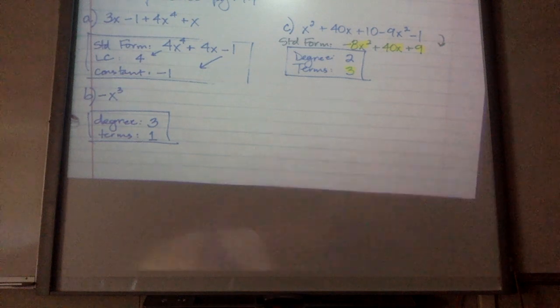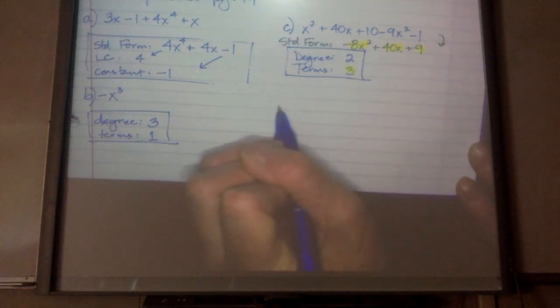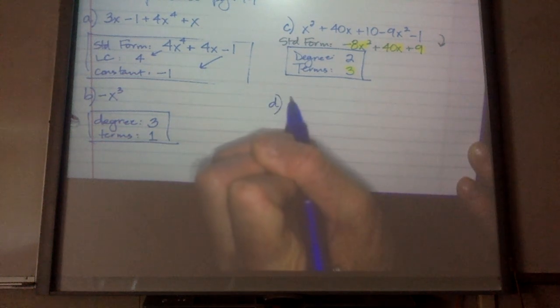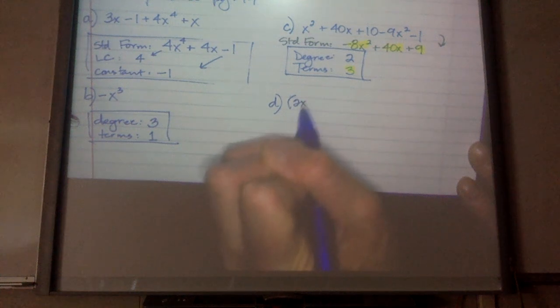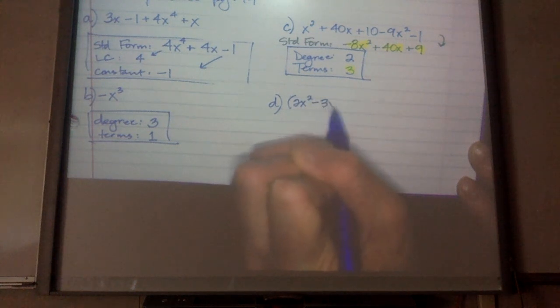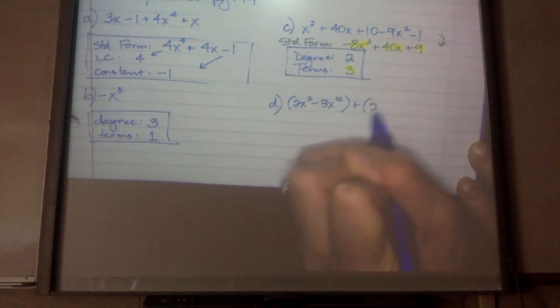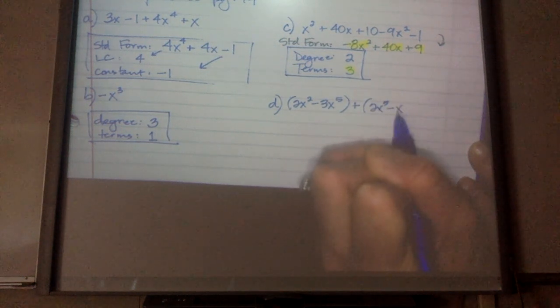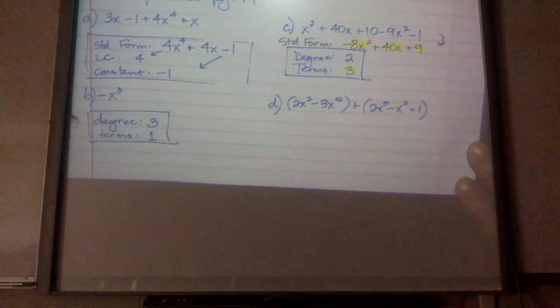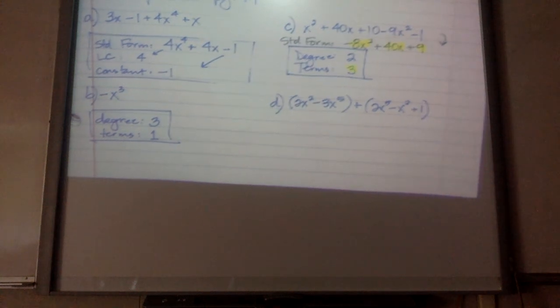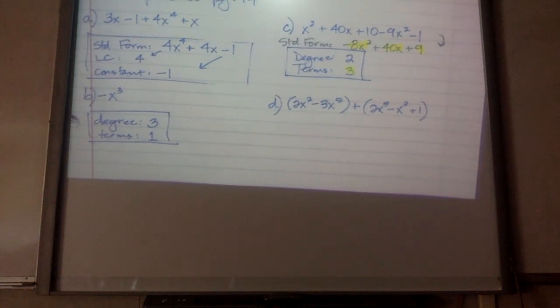All right, now D. I'm adding polynomials, so they said add 2x squared minus 3x to the 5th plus 2x to the 5th minus x squared plus 1. Again, you can pause this. I'm simply going to combine like terms.